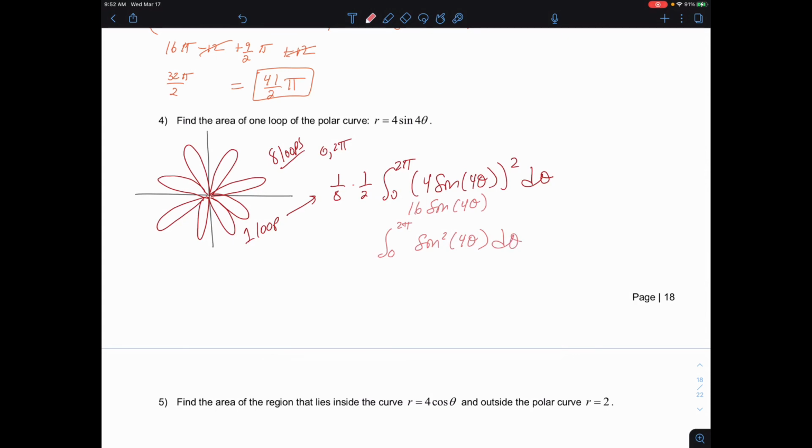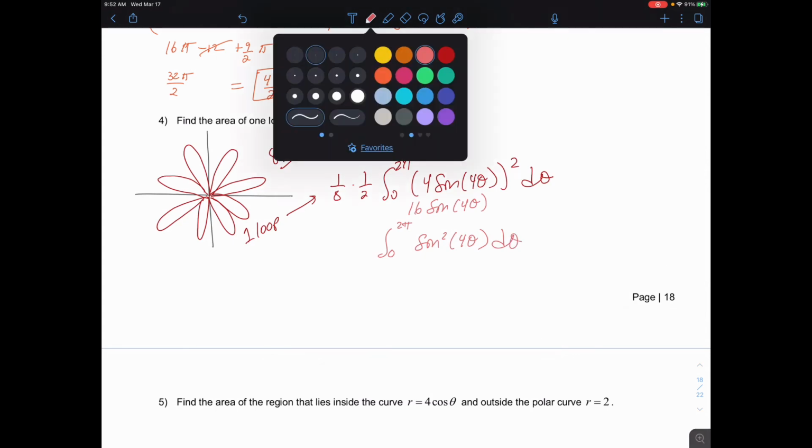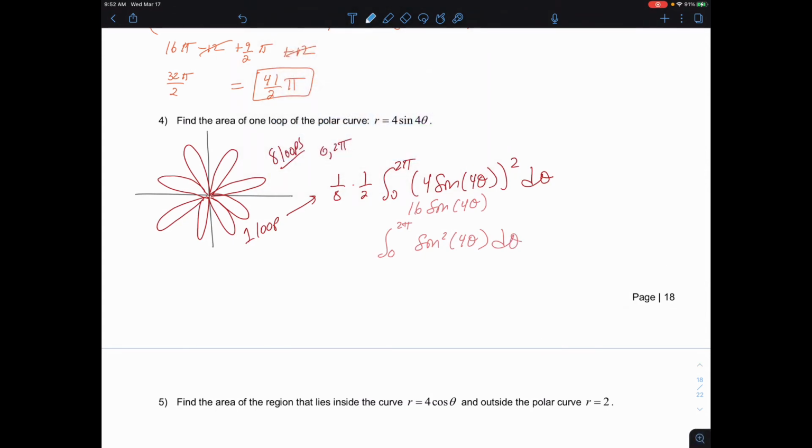So let's switch our sine squared out, and let's make that be 1/2 times 1 minus cosine of doubling that angle, 8 theta, d theta. Now we can go ahead and integrate that, so it's 1/2 times theta minus 1/16 sine of 8 theta from 0 to 2 pi.